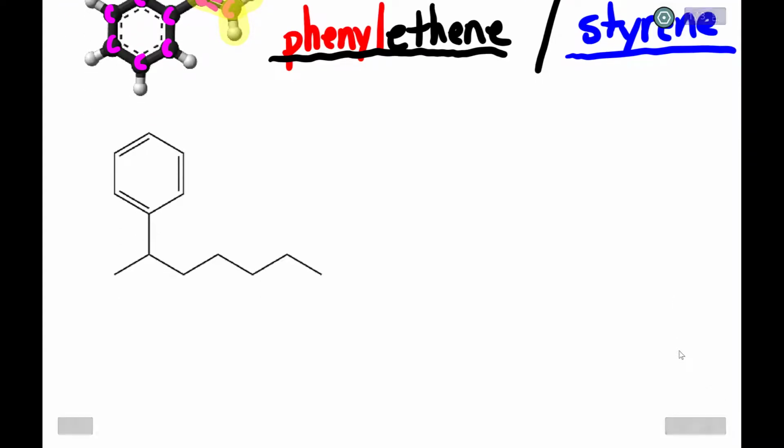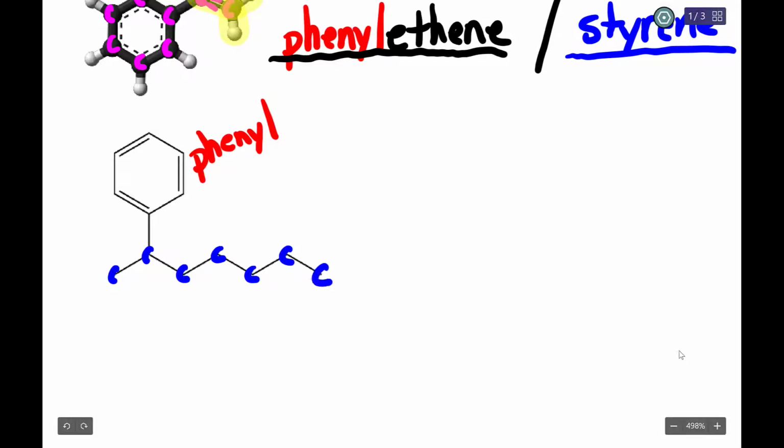This one here has benzene as phenyl for two different reasons, and I'm going to explain both of them. First of all, the chain that it's attached to has 1, 2, 3, 4, 5, 6, 7 carbons. If there are 6 or more carbons in a chain attached to benzene, then the benzene becomes a branch or side group. The other reason it's called a phenyl is that it's attached to the middle of the chain.